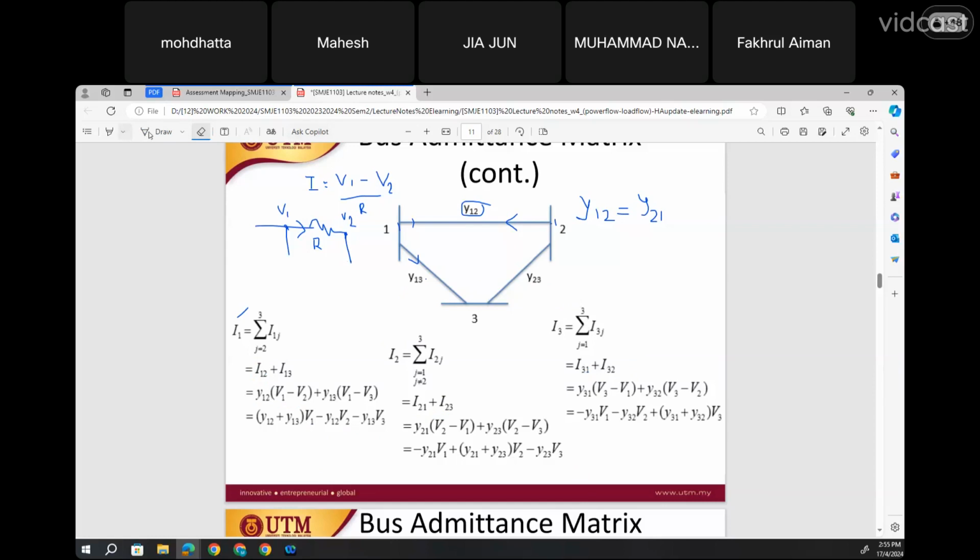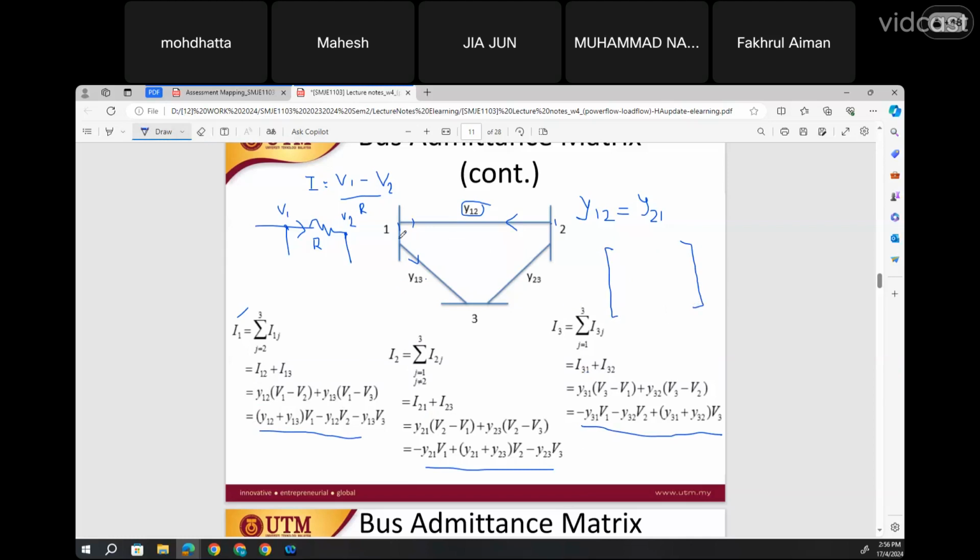We have 3 equations here, here, and here. Based on these 3 equations, in order to get the admittance matrix, you will try to arrange it into a square matrix.